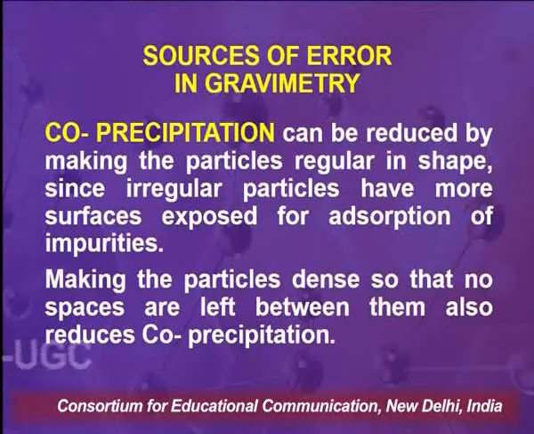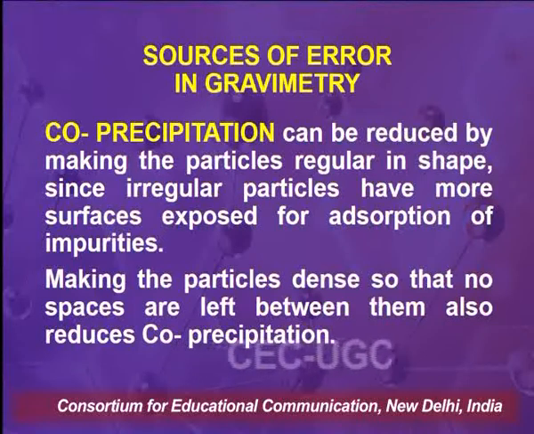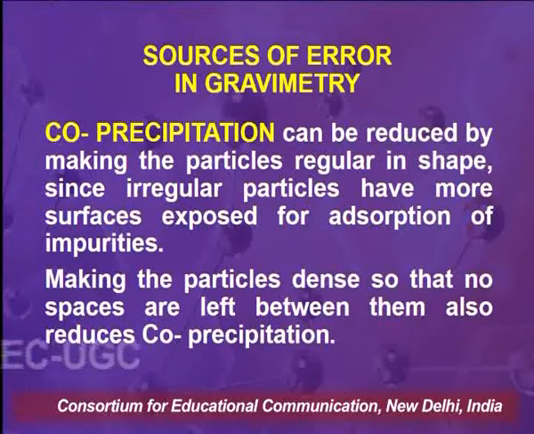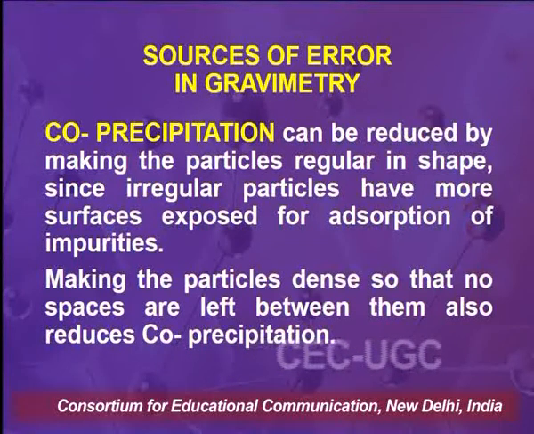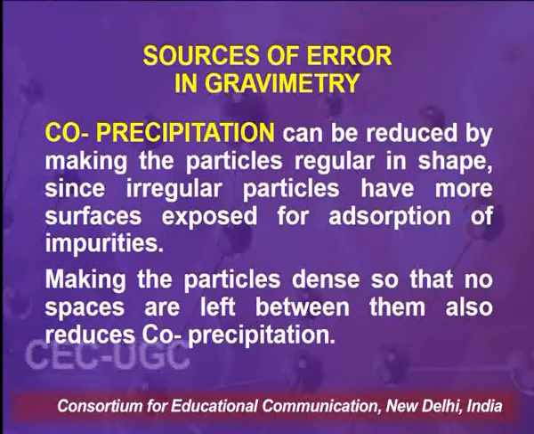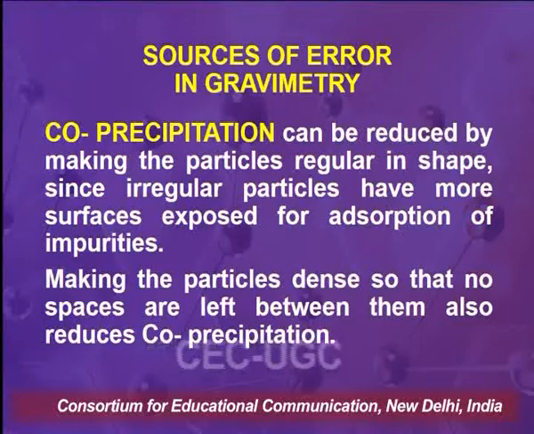So, making the particles dense so that no spaces are left between them also reduces chances of co-precipitation. So, the requirement for reducing co-precipitation is that the particles should be regular in shape and the particles should be dense. Dense in the sense there are no interstitial spaces left between them.